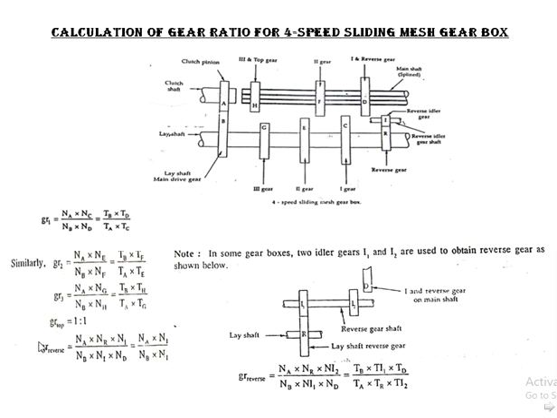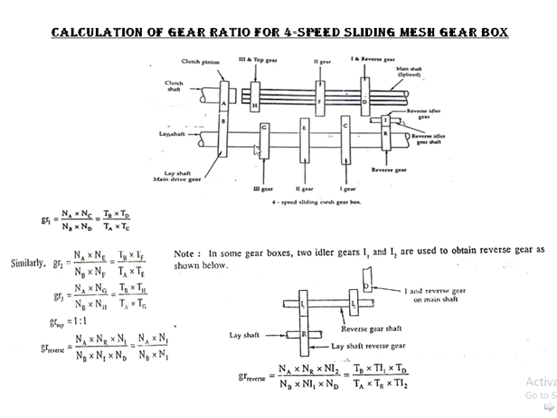That is why gear ratio 2 is Na by Nb into Ne by Nf here. The flow is like this, correct. This is on speed; on teeth, it is Tb by Ta into Tf by Te.